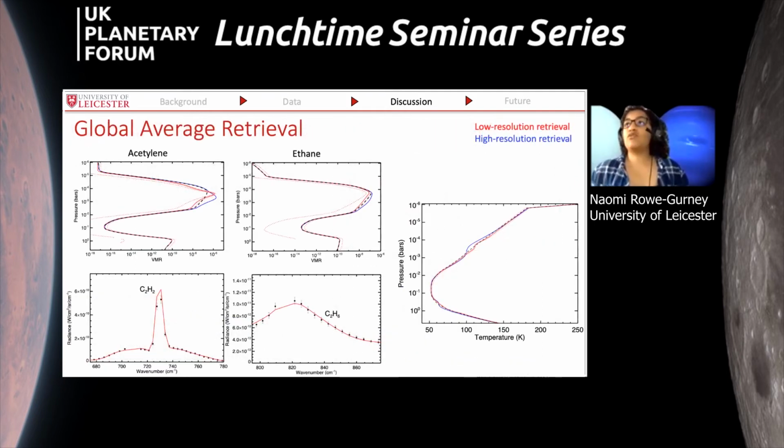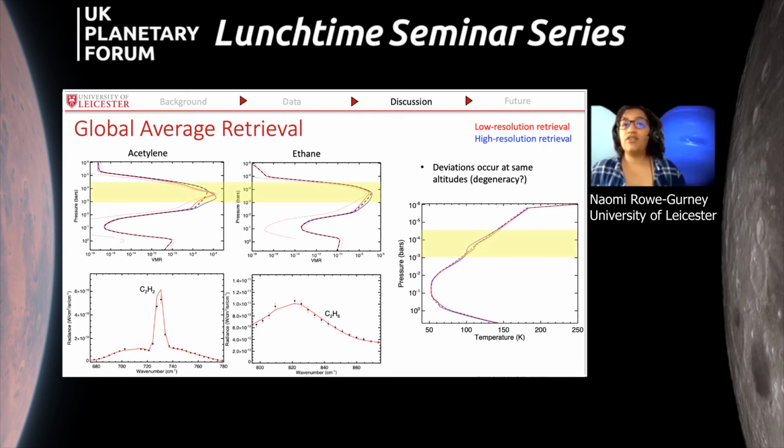So the low resolution retrieval results here are the red lines. We've allowed the acetylene and the ethane to vary. And as well as fitting the spectra, we've also managed to fit these gas temperature profiles pretty realistically. There is some deviation from the prior, but this all occurs at around the same stratospheric altitudes that I've highlighted in yellow here.